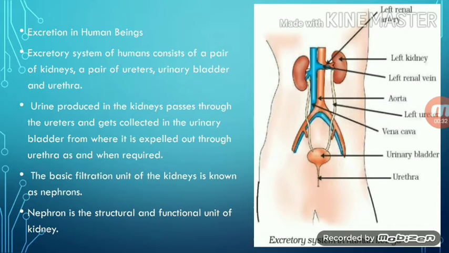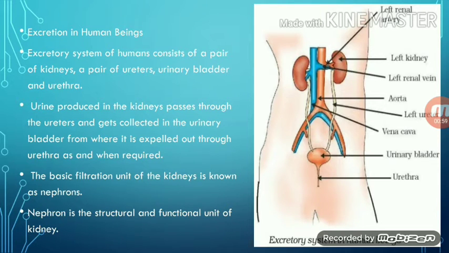So a pair of kidneys, a pair of ureters, just see in the picture, the ureter, that pipe-like structure, the urinary bladder where urine remains stored, and the urethra from where the urine is removed.